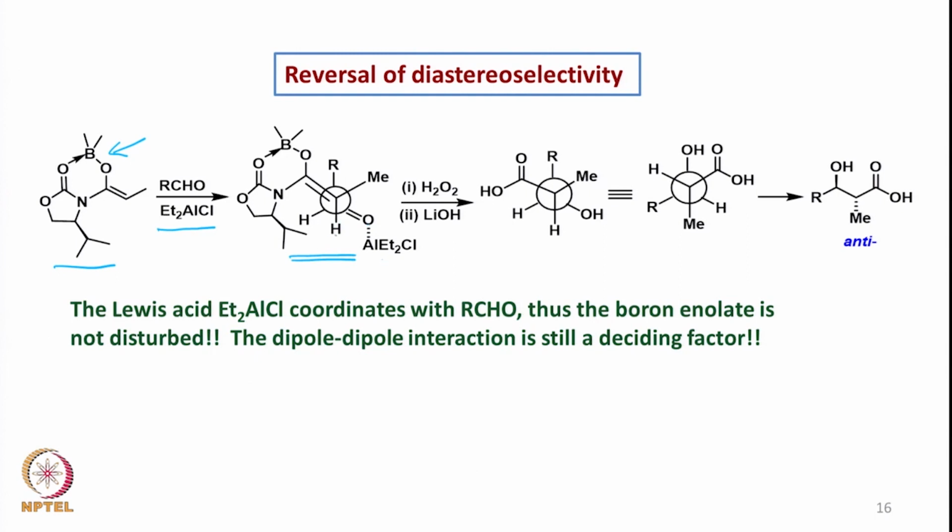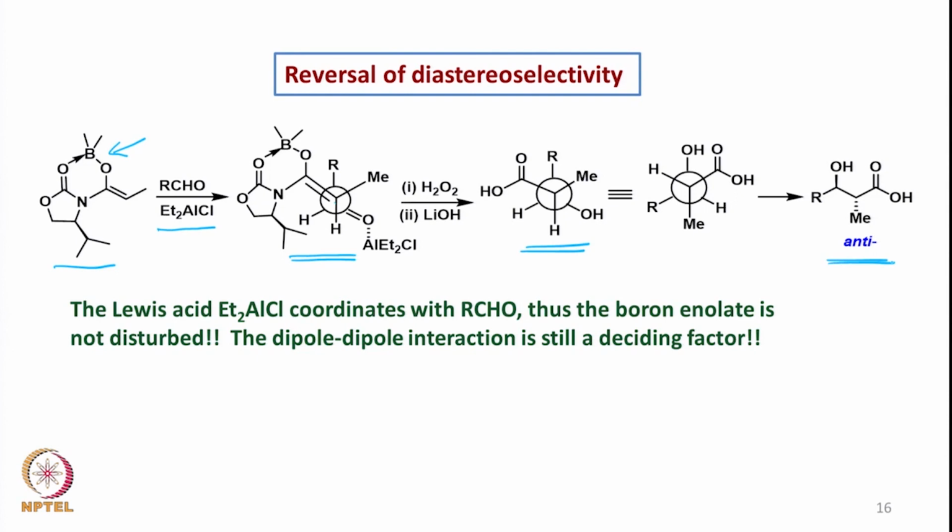When this happens, after hydrogen peroxide and of course hydrolysis of the auxiliary, this particular part will give the acid, where the methyl group is here, R is here, H is here and OH is here. And if we convert this into the final orientation, it would look like an anti-aldol.